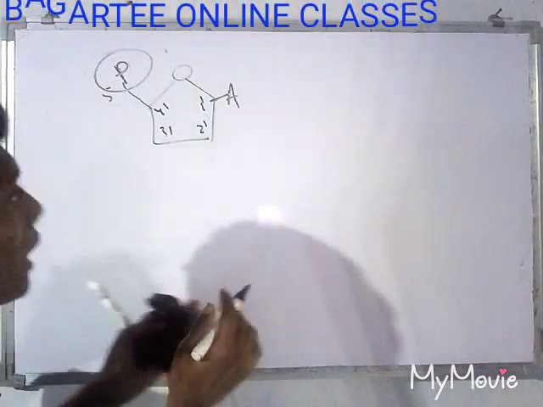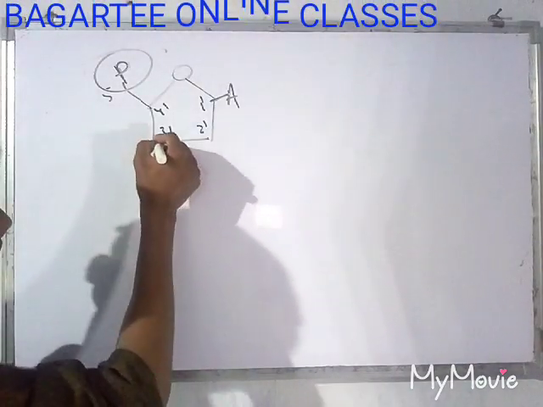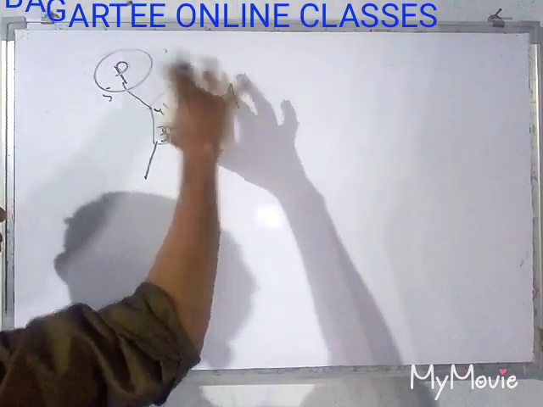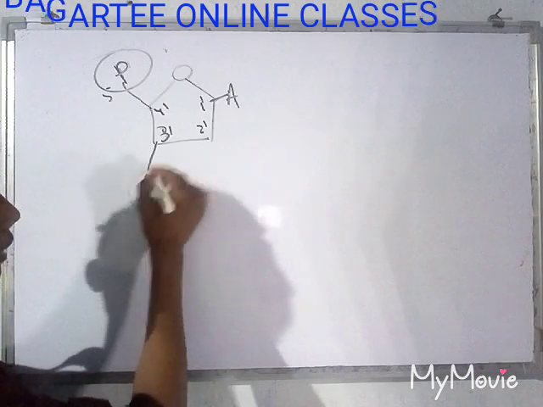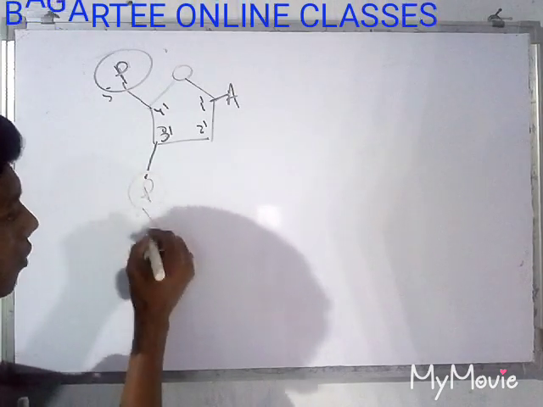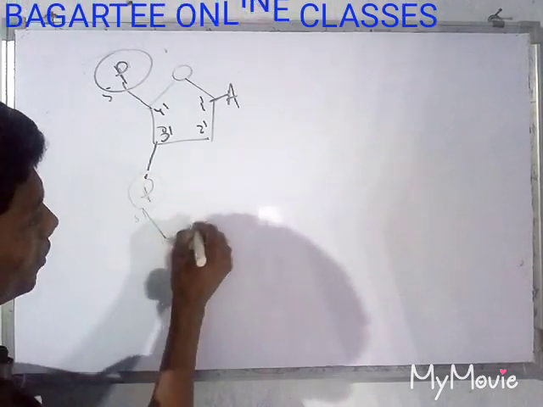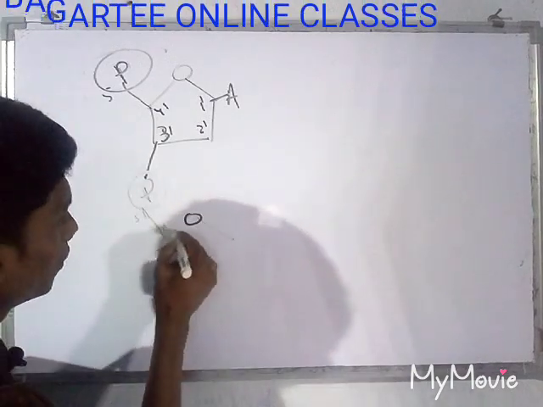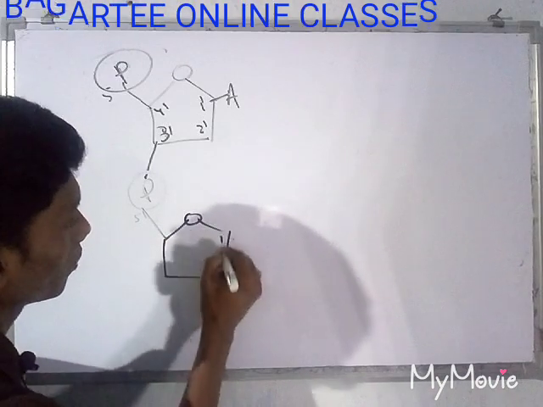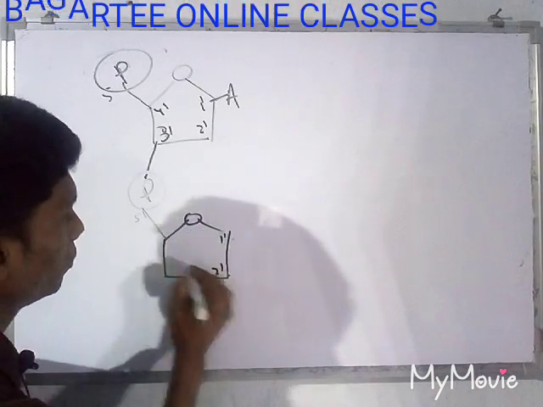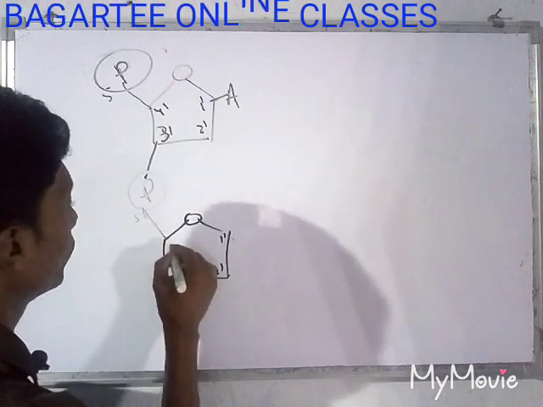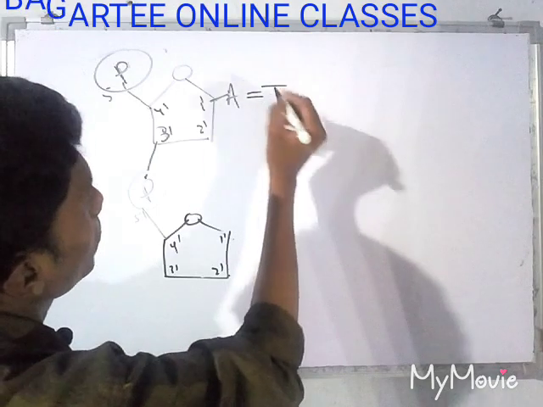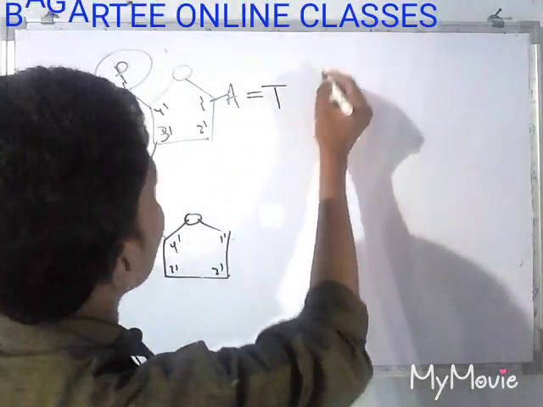To the 3 prime carbon of this nucleotide, another phosphate group is attached, which is again attached to the 5 prime carbon atom of the next nucleotide. Here you can see this is 2, 3, 4. Another, you can see here, adenine is bonding with thymine.